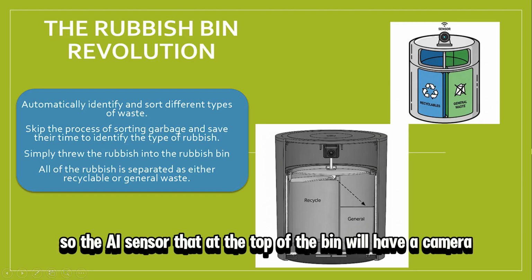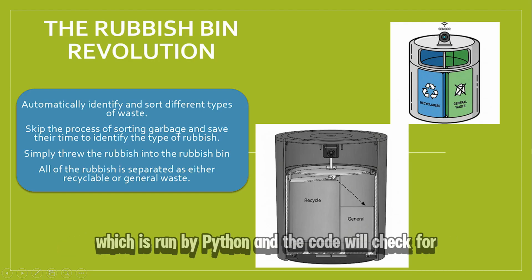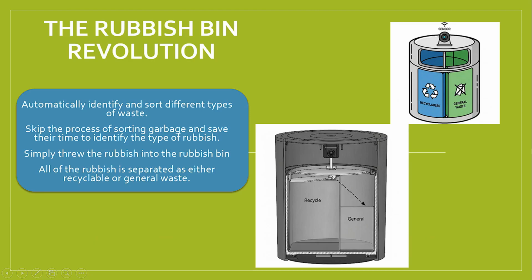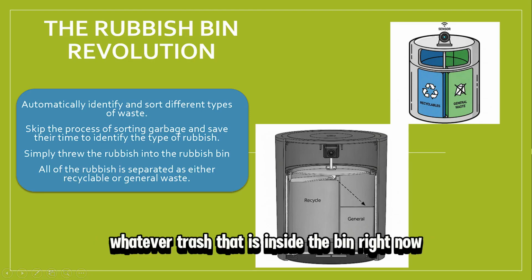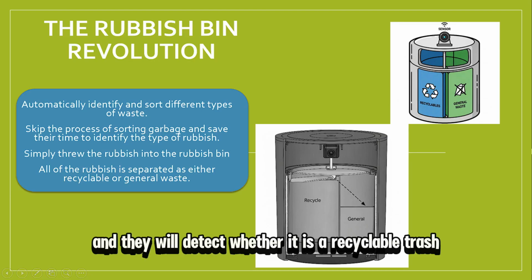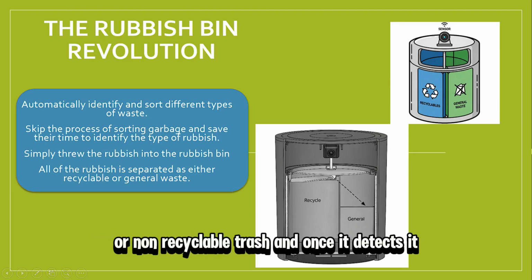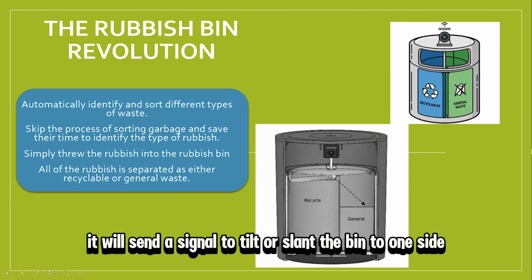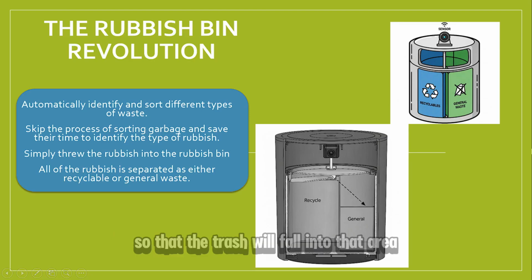So the AI sensor at the top of the bin will have a camera which is run by Python, and the code will check whatever trash is inside the bin right now, and detect whether it is recyclable trash or non-recyclable trash. And once it detects it, it will send a signal to tilt or slant the bin to one side so that the trash will fall into that area.